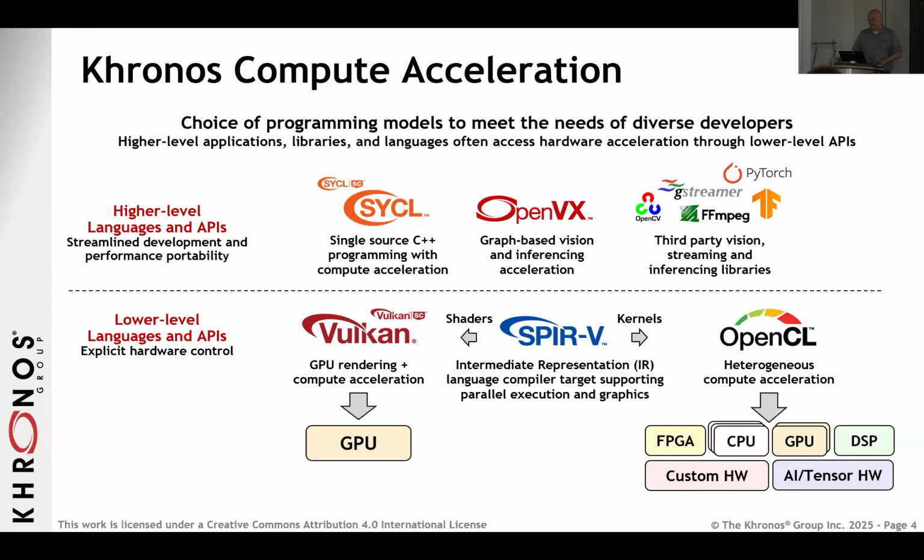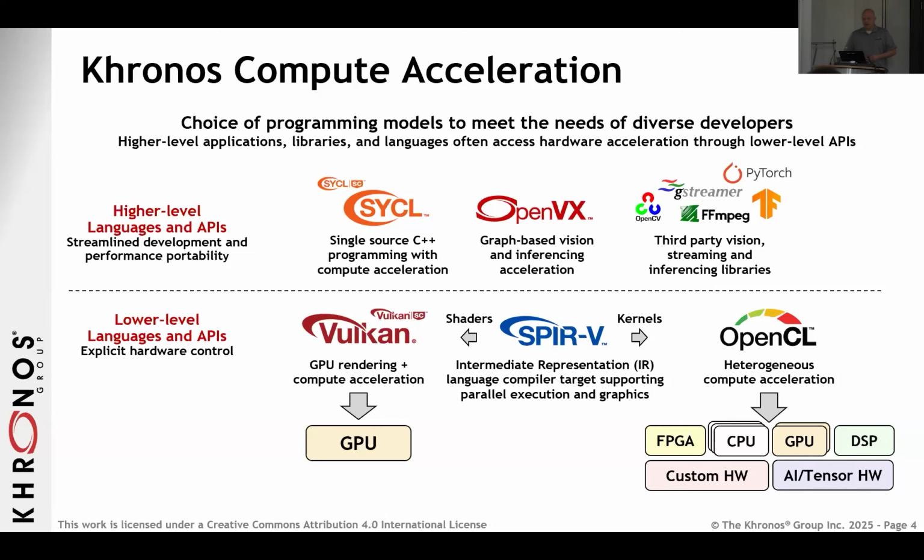Again, this talk is primarily about OpenCL, and OpenCL is a low-level API that enables software to execute on a mix of heterogeneous compute accelerators. So this would be your traditional CPUs and GPUs, but then also some less common hardware like FPGAs or DSPs or specific dedicated tensor hardware for AI, things like that.